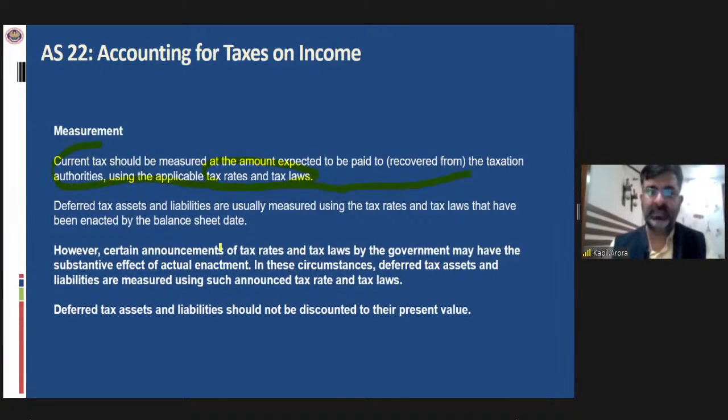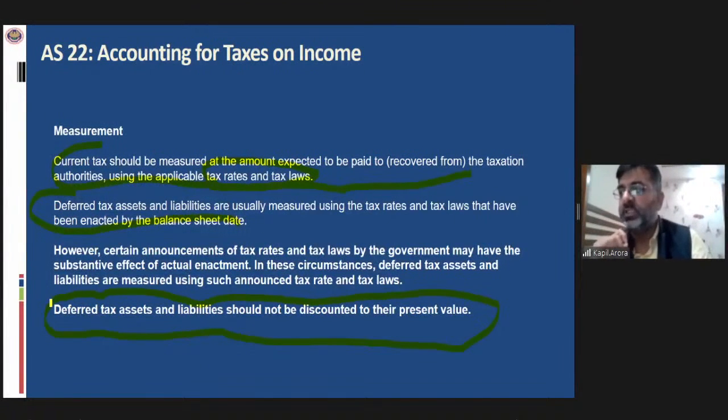Whereas for deferred tax, the rates are the rates which are enacted by the balance sheet date. Enacted means if I know that deferred tax is going to reverse next year, and upfront I know what the income tax rate is for next year, then that rate would be used for that particular period. Deferred tax liability, as per the rule, is always treated as a non-current liability.